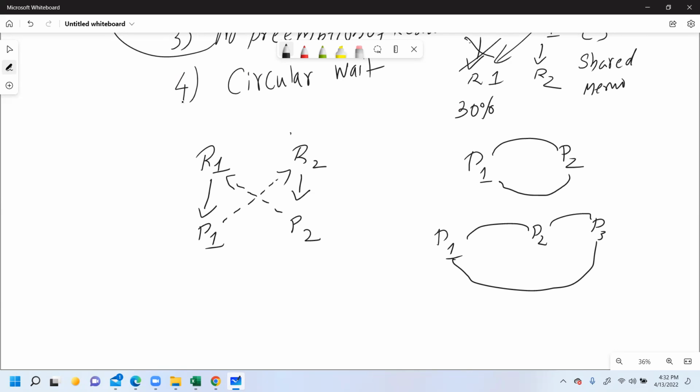See, in circular wait, we can do one thing: we can modify this algorithm a little bit. A process has to acquire resources only in increasing order.